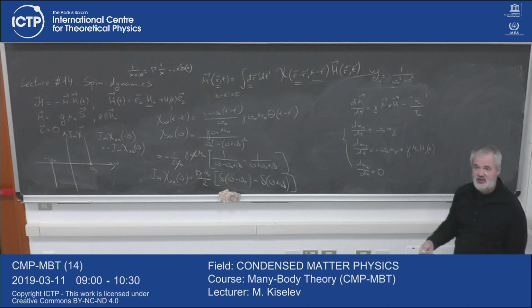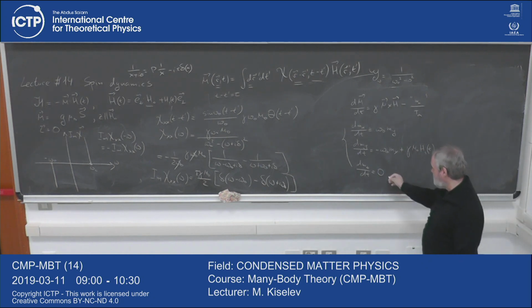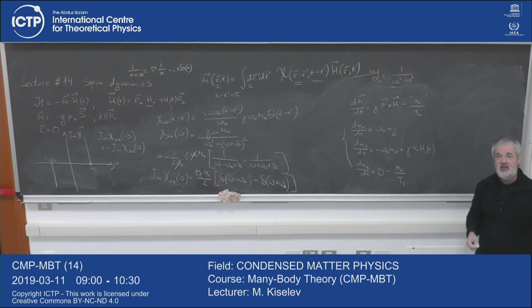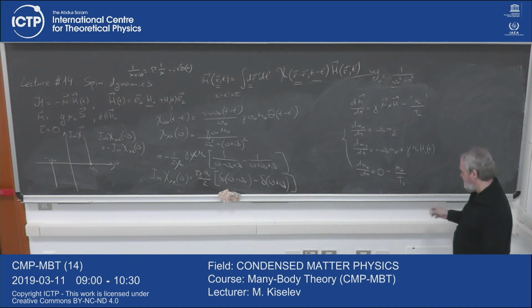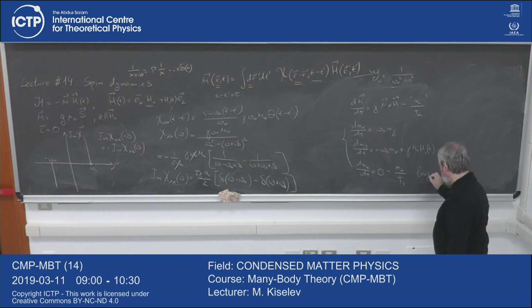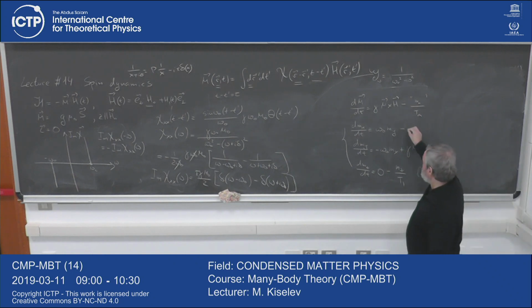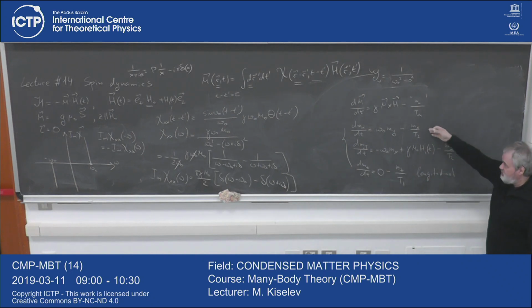Namely, the relaxation in the direction of the magnetic field is called longitudinal. Therefore, I write it as m z over t1, where t1 is a characteristic relaxation time for longitudinal relaxation. And in the transverse direction, I assume that there is another characteristic time, t2. So I will write it as m x over t2 and m y over t2. In the transverse direction, x and y are equivalent.